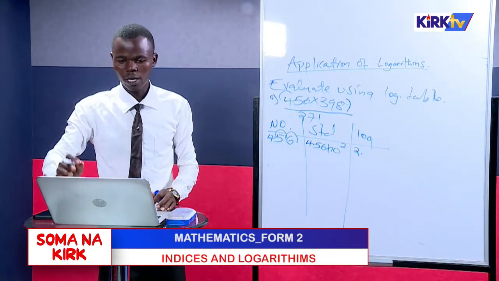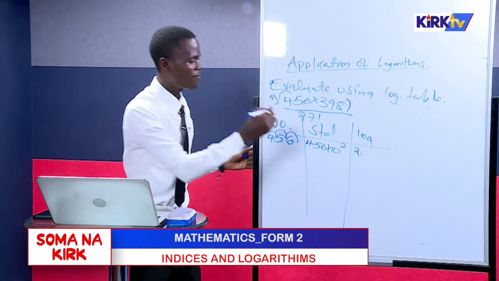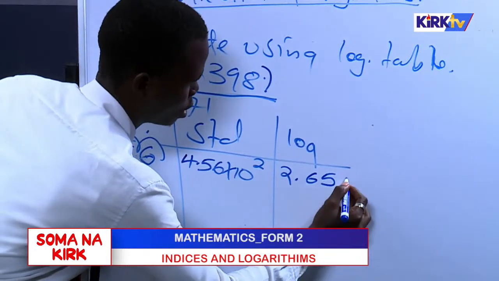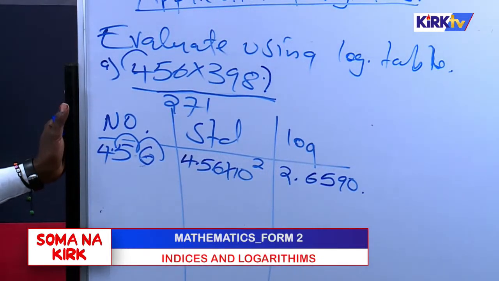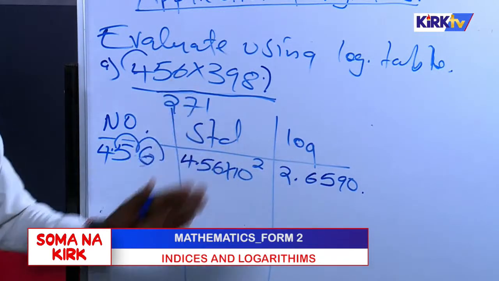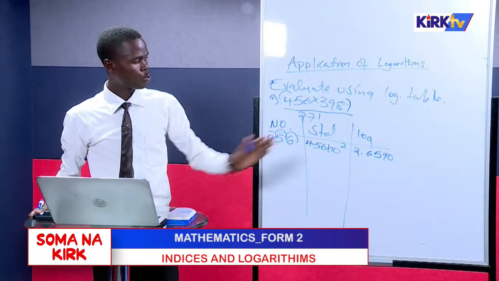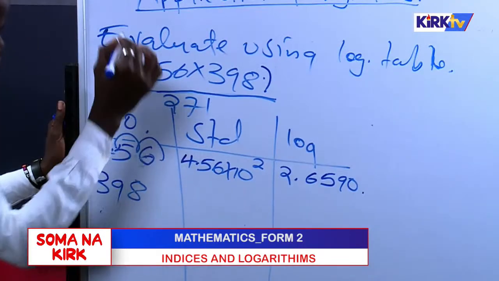According to my logarithm table, it is 6590. So that is the value: 2.6590. We move to the next value, which is 398.